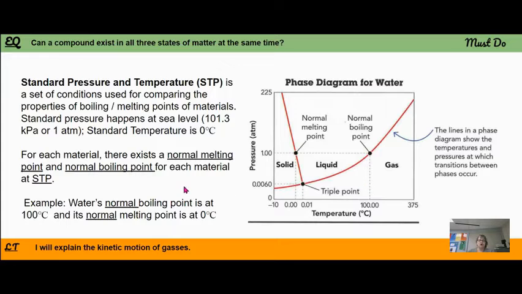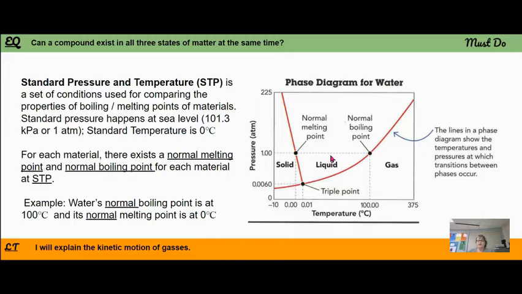So when we're talking about your normal melting point and your normal boiling point, remember that happens at 1 atmosphere. So looking at the side of your graph, it says this is pressure, so 1 atmosphere. I follow that line across until I get to the line between solids and liquids. That line is the melting point, and so at that point, we see that it's 0 degrees.